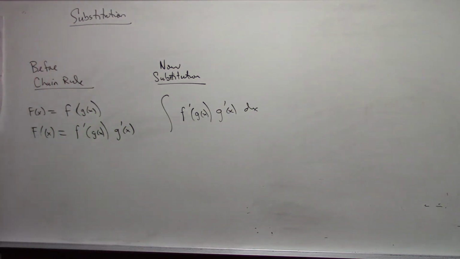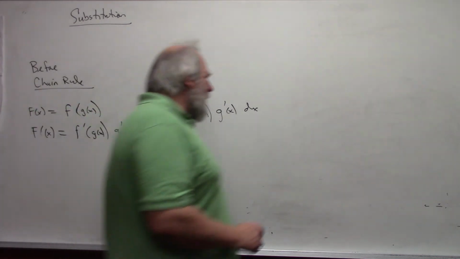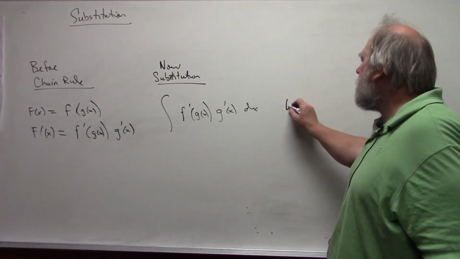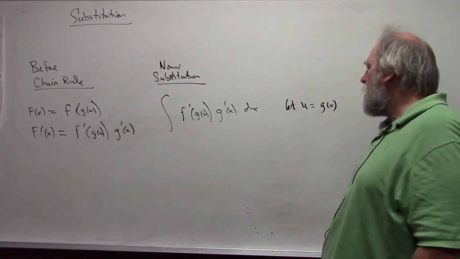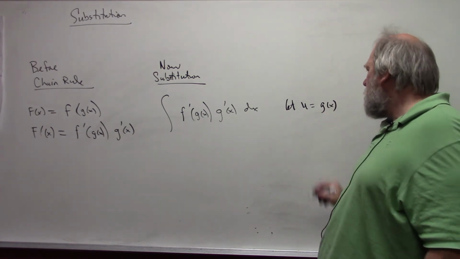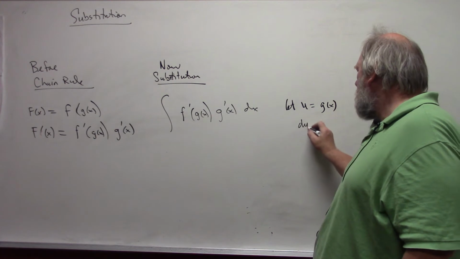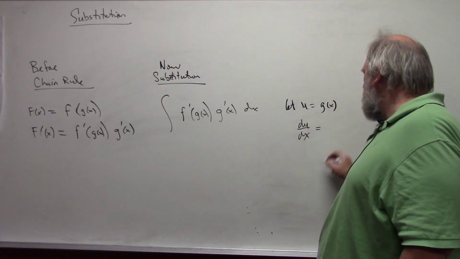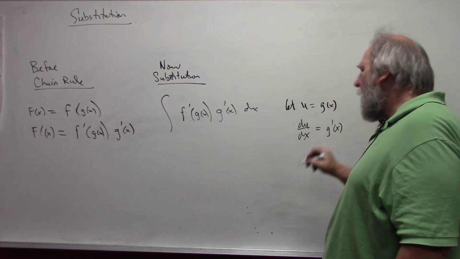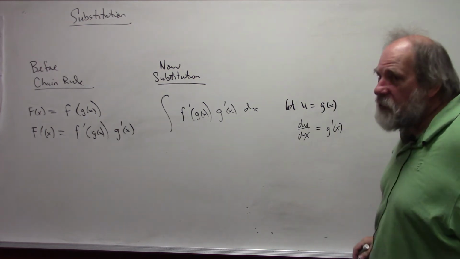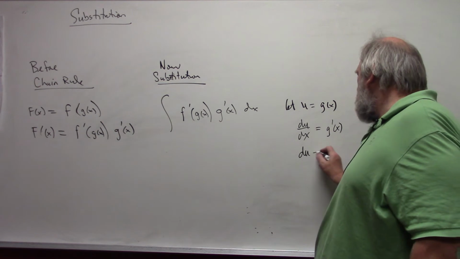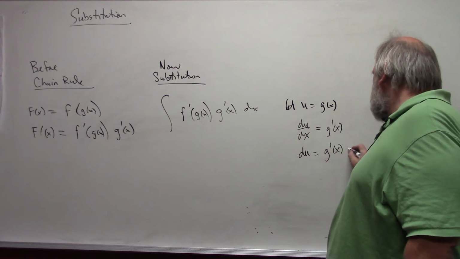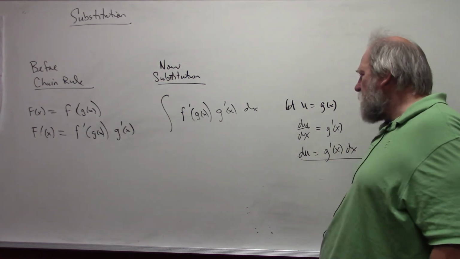And so what we do, we let u equal g of x. Then the derivative of u with respect to x, du dx, is g prime of x, and we're going to write this in the differential form. Remember that from a while ago? So du is g prime of x dx. It's the differential form of the derivative.